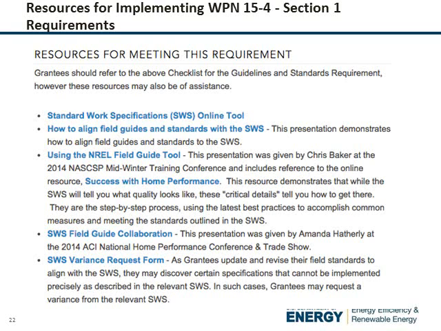Going through these, we talked about the standard work specifications online tool a little bit earlier. We have some presentations there on how to align field guides and standards if you haven't started that process, using the Field Guide tool. I'm not going to read these to you, but please go to the resources section. There are a lot of things there to help you get your field guides together and in a condition that can be approved by us, so that everyone has those things in the hands of the workers by the start of the program year.